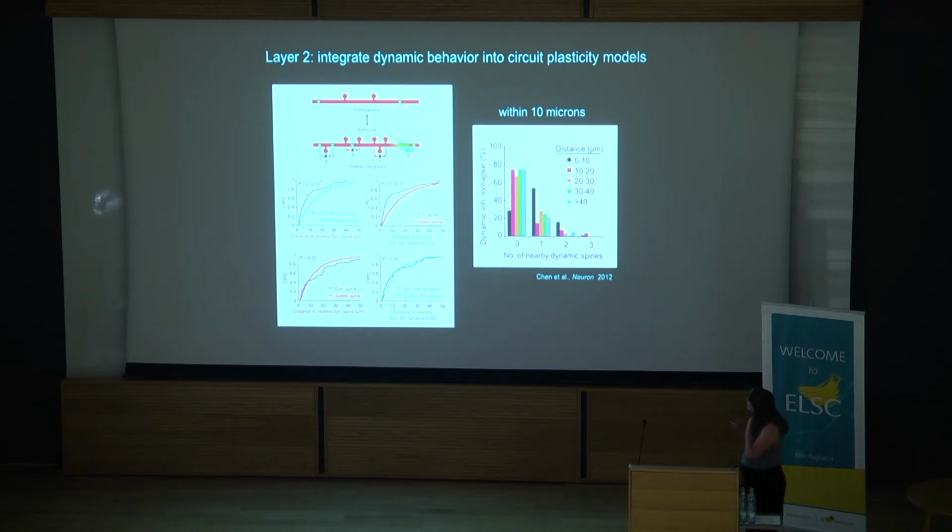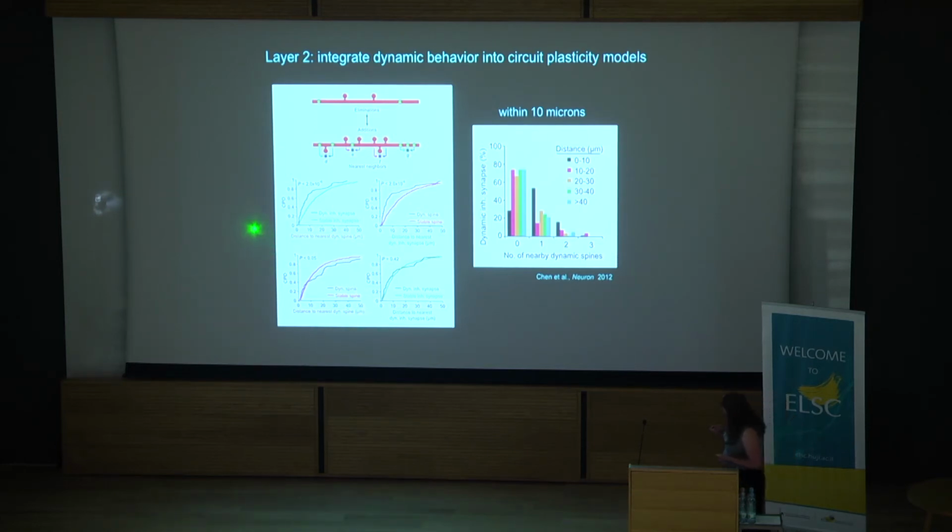When we did this very simplistic nearest neighbor analysis, what you can see here is that if you have a dynamic inhibitory synapse, the likelihood that you would have a dynamic spine would be much higher.